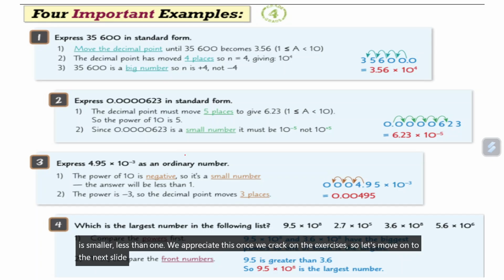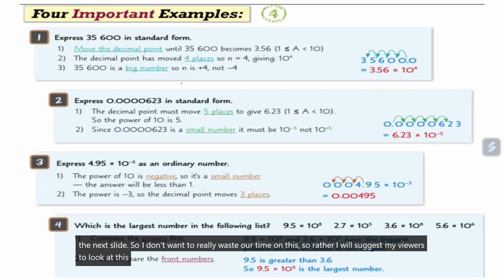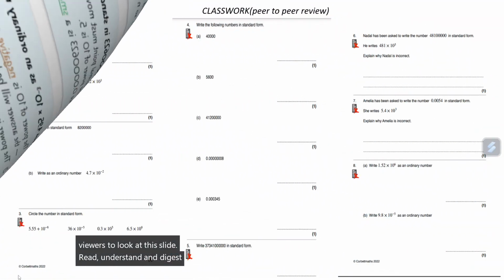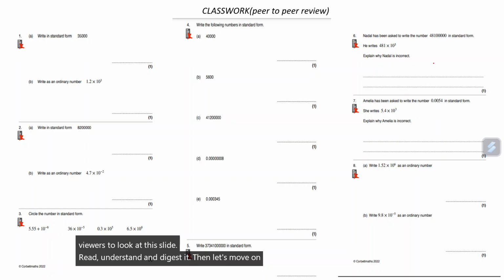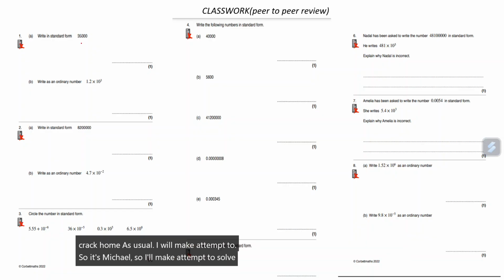So I don't want to really waste our time on this. Rather, I will suggest my viewers look at this slide, read, understand, and digest it. Then let's crack on. As usual, I will make an attempt to solve this, and this.